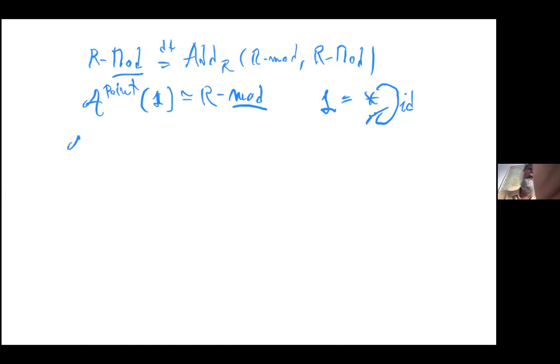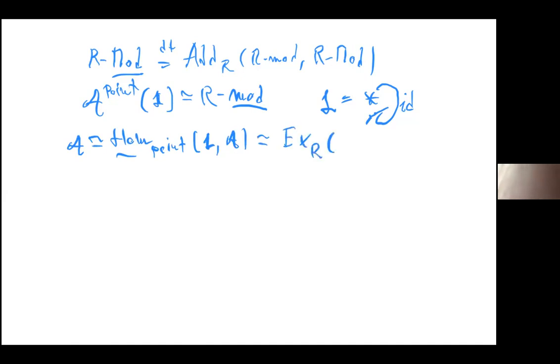So A is equivalent to Hom from the point 1 into A: to give an object is equivalent to give a homology on the point. And this is also equivalent to exact R-linear functors, because of the representability theorem, from finitely generated modules into A.